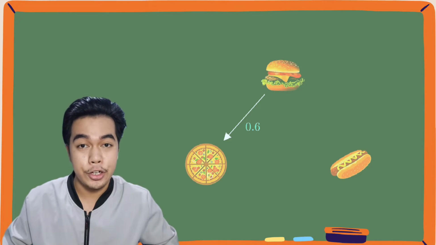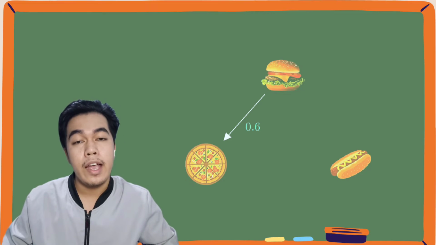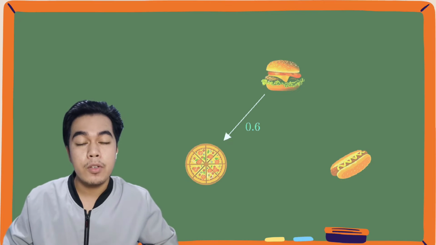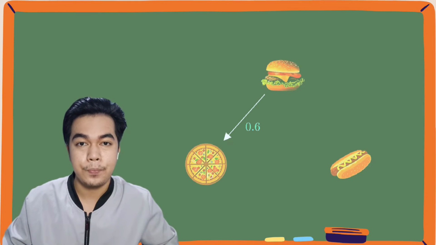So I'm gonna represent it in a diagram as weighted arrows. The arrow originates from the current state and points to the future state. I'm using the term state because that's the convention. So let's see another one.